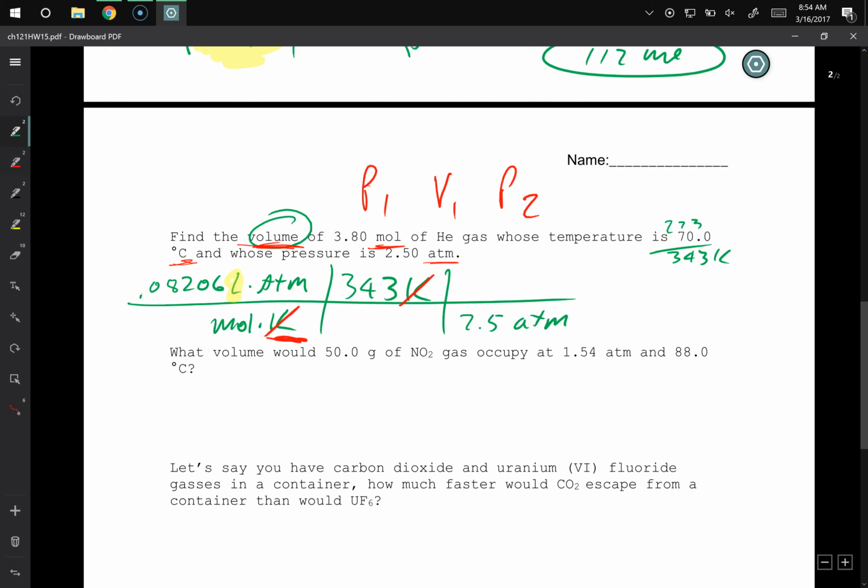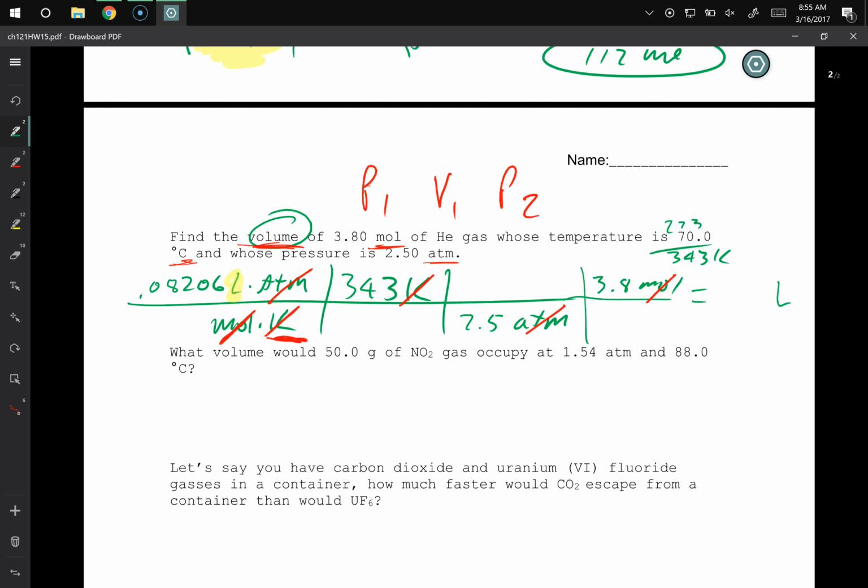I'm putting that in the denominator because there's an atm unit in the numerator that I need to get rid of. What else do I got? So the 3.8 moles goes in the numerator because I need to cancel out this mole that's in the denominator. And so all the units have been canceled out except for the liters that's highlighted. And so then I can just knock out the math.